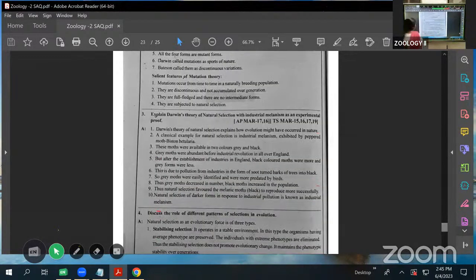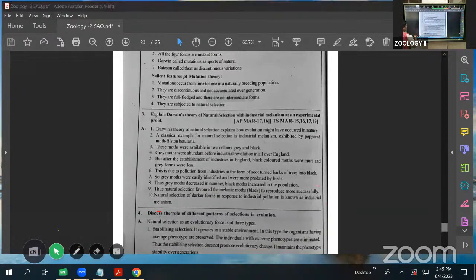Under Darwin's theory of natural selection, Darwin proved natural selection with the industrial melanism of organisms. Clear? This is Darwin's theory of natural selection.